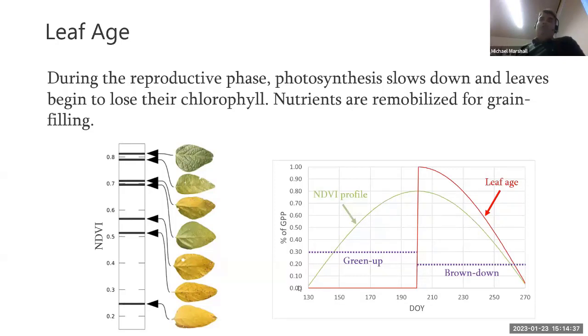Now, that's not to say you shouldn't look at other indices. So the Enhanced Vegetation Index, EVI by Huete, 2002. This was first published. Huete has some advantages. It tends to be better at measuring leaf area index.